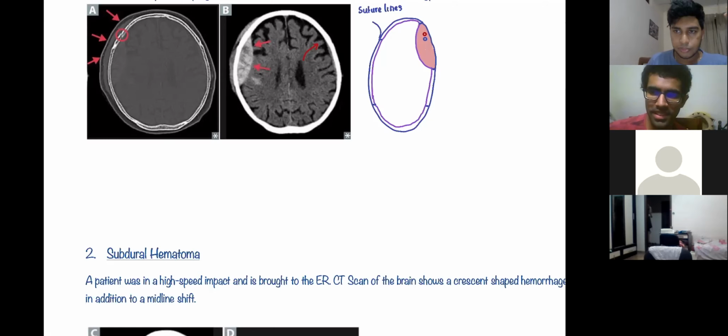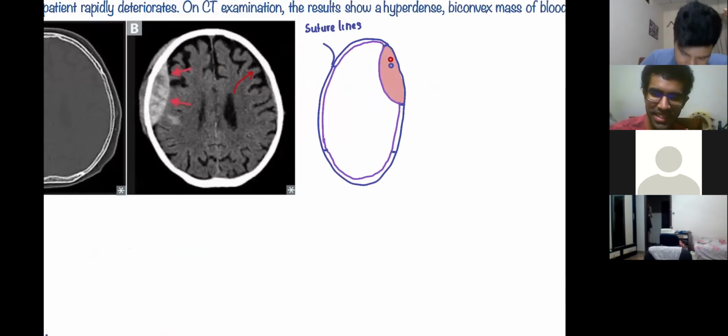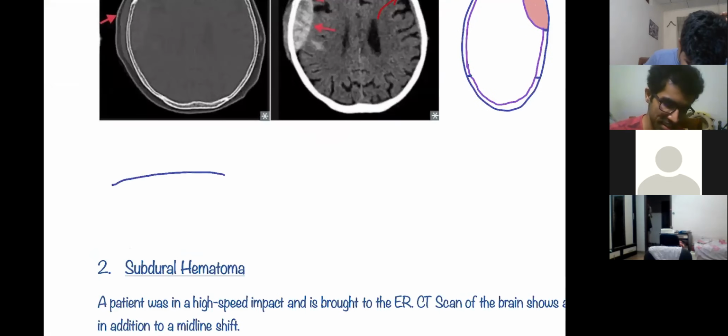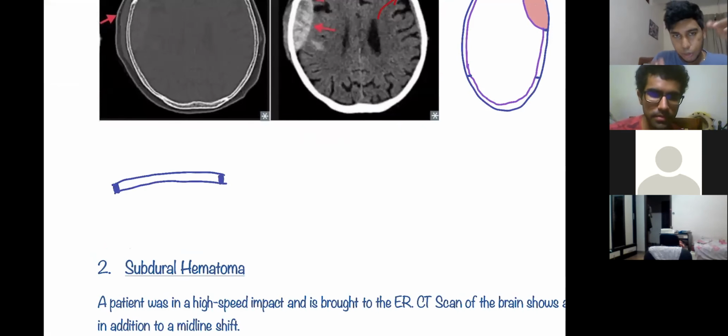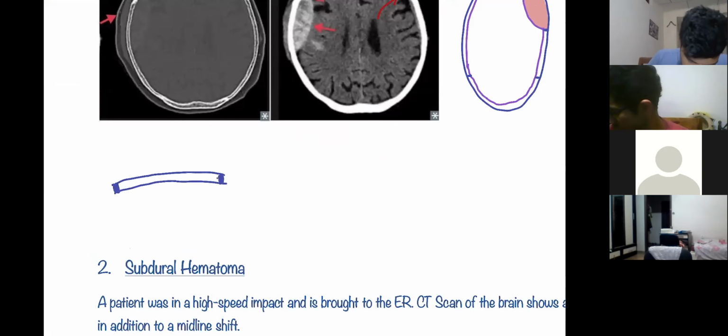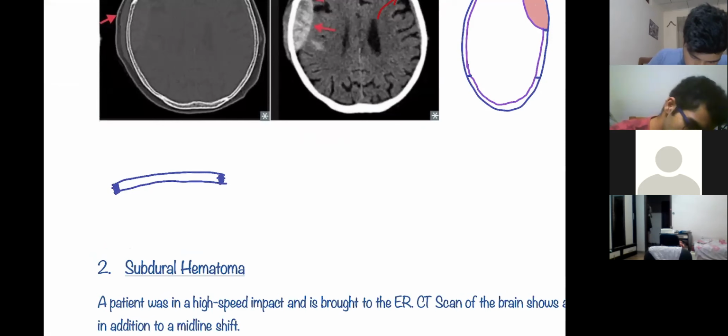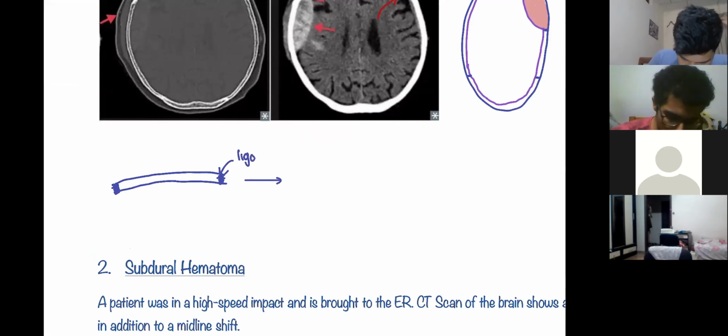So let me draw it like this. Here are the ligaments. Remember, ligaments are more stretchable compared to the bone. They will stretch more like this.